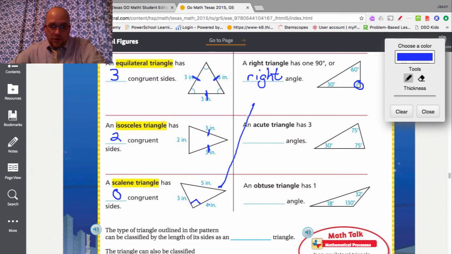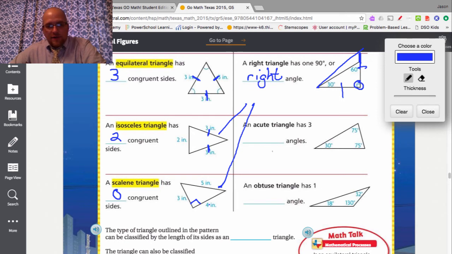Or a right triangle could be an isosceles triangle, because if I extended the legs a little bit so that they are congruent, there's still a right angle and 2 congruent sides. So a right triangle could be isosceles or it could be scalene. But it cannot be equilateral.